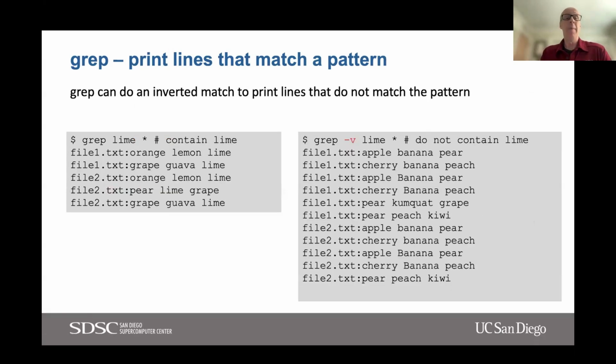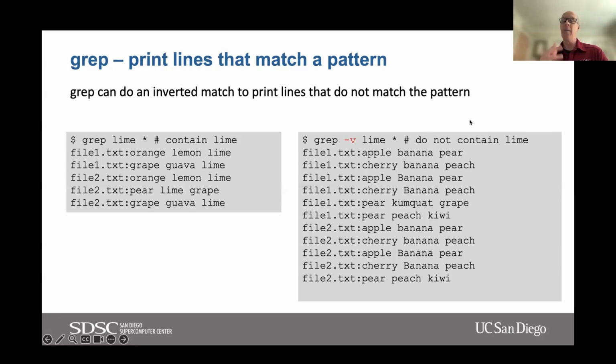A couple other helpful options are doing an inverted search. So let's look at our file again. We're going to do a grep lime, and we're doing this across multiple files, file1.txt and file2.txt, and we're seeing output of all the lines that contain the word lime.